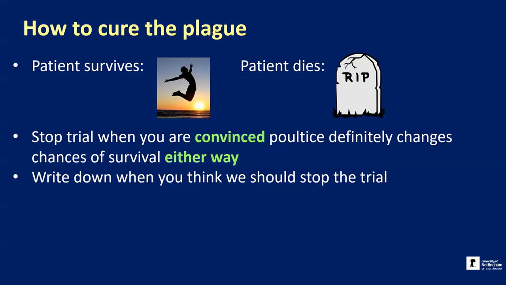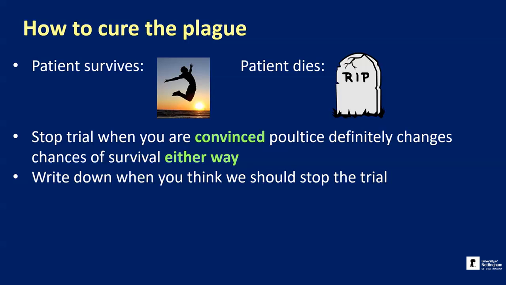So I want you to think, as I give you the data, which are going to be patient outcomes, at what point do you think the trial should be stopped because we have convincing evidence that either the treatment works or it doesn't work? Because we know nothing about this bizarre remedy, we're going to allow for both possibilities: that the treatment makes you less likely to die from plague, or more likely to die from plague, or has no effect.